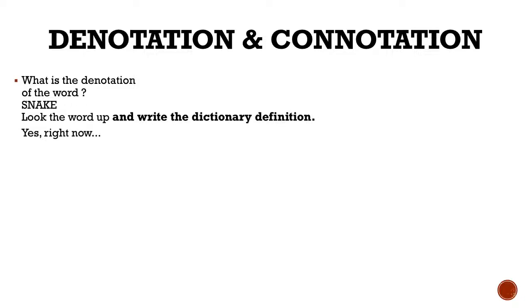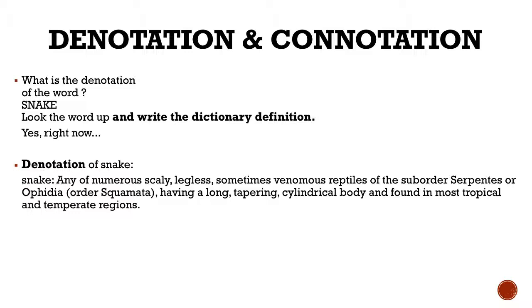So the denotation of the word snake means any numerous, scaly, legless, sometimes venomous reptiles of the suborder Serpentes or Ophidia, order Squamata, having a long, tapering, cylindrical body and found in most tropical and temperate regions. That is the denotation, the actual literal dictionary definition of the word snake.